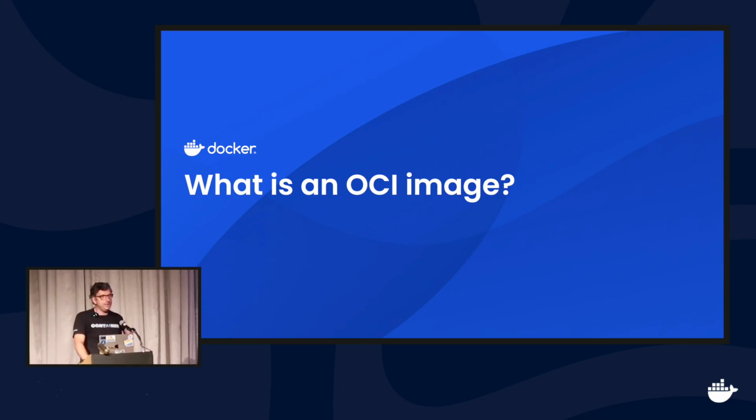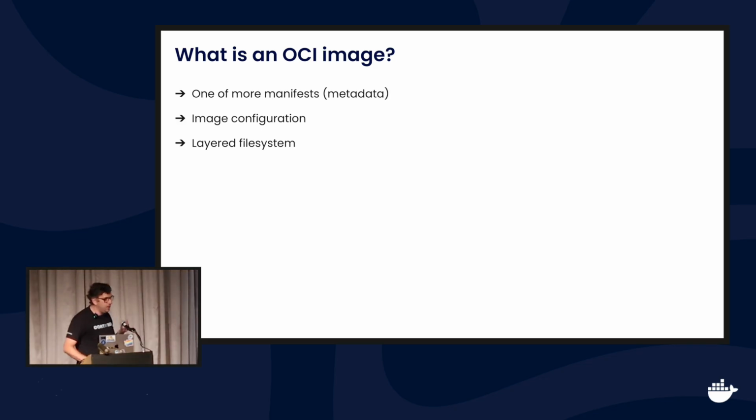But if we boil it down and maybe oversimplify it a bit, an image is these three components. First, we have the manifest, one or more, and that contains the metadata about the image. Then we have configuration that describes the runtime configuration of the image.